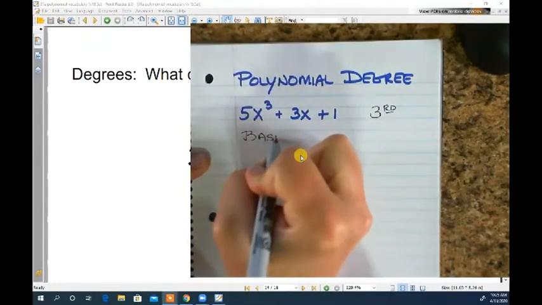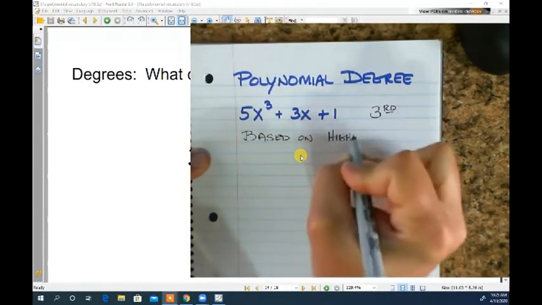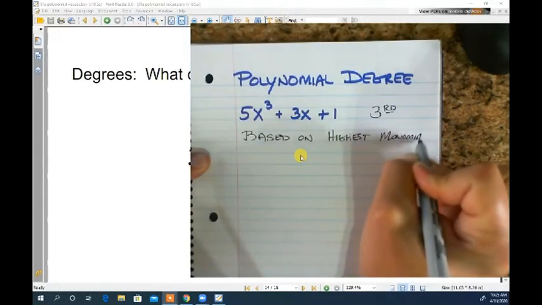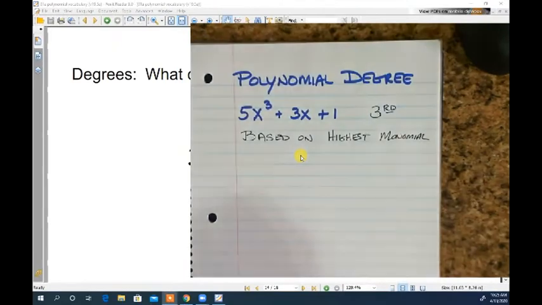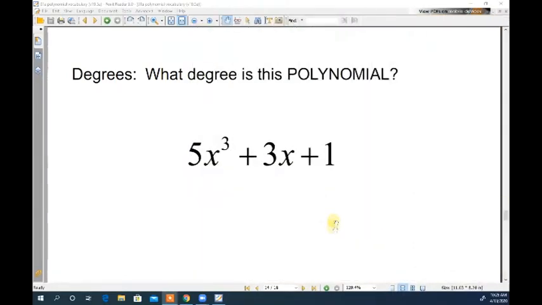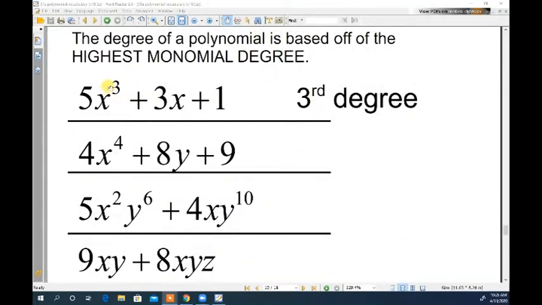And it's based on the highest monomial. So you find the highest monomial, and that is the degree of the polynomial. So this is a third degree monomial. So right, third degree monomial.